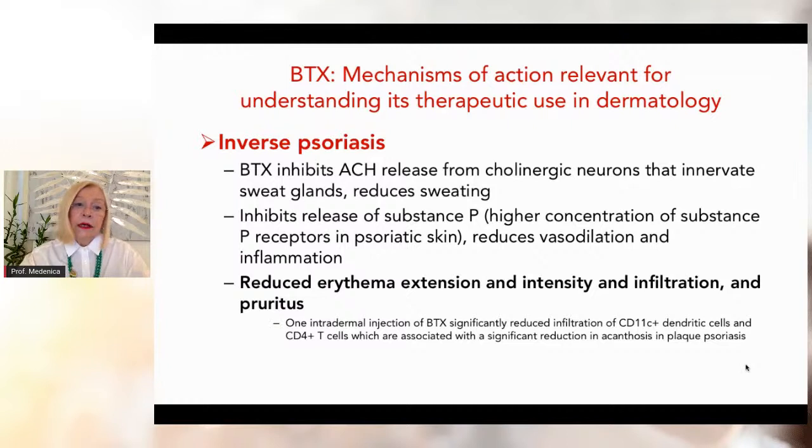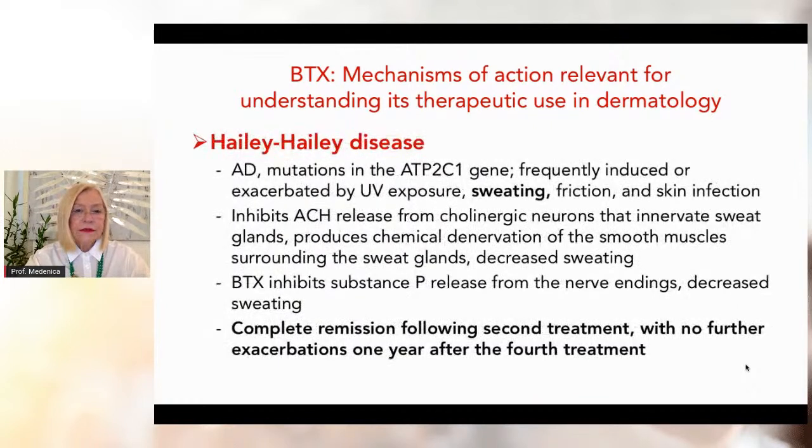Also, it can inhibit release of substance P, because a higher concentration of substance P receptors can be found in psoriatic skin, and so reduce vasodilatation and inflammation. And again, the final effect is reduced erythema extension and intensity, infiltration, and also pruritus.